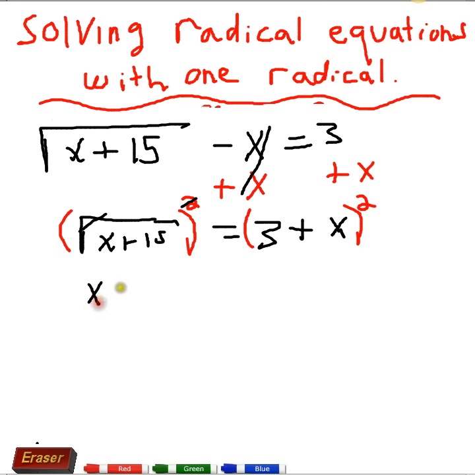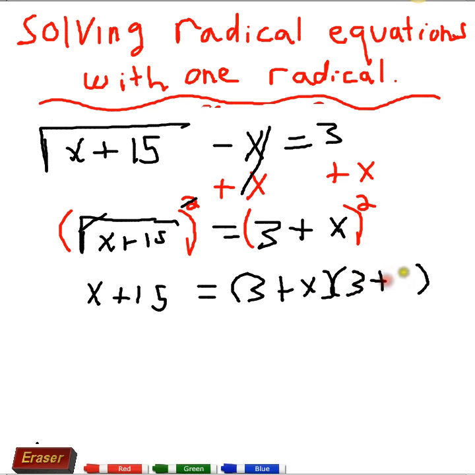So we have x plus 15 is equal to, now when something is squared, it just means, for instance, in our last example, we had 3 squared, which means 3 times 3. In this case, we have 3 plus x squared, so it's going to be 3 plus x times 3 plus x.